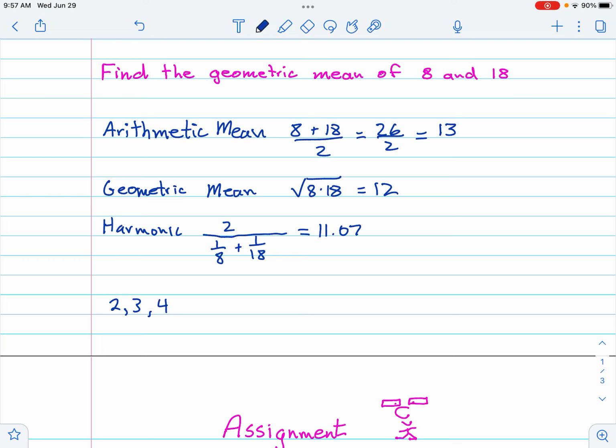So the geometric mean is going to be, there are 3 numbers, so it's the third root, the cube root of 2 times 3 times 4. Yeah, so that's the cube root. Notice there are 3 numbers, so it's a cube root. If there were 4 numbers, there'd be the 4th root of 24. Yeah, that's it. So that would be the geometric mean.